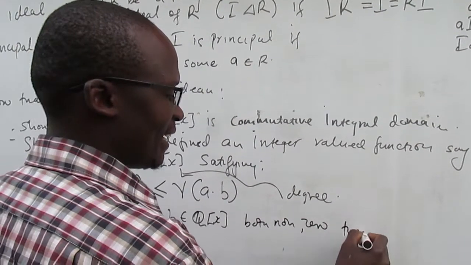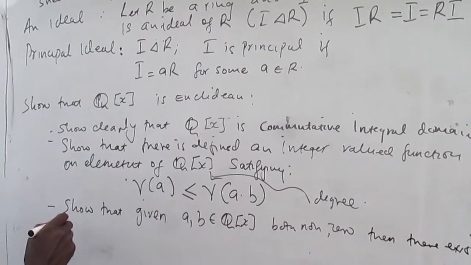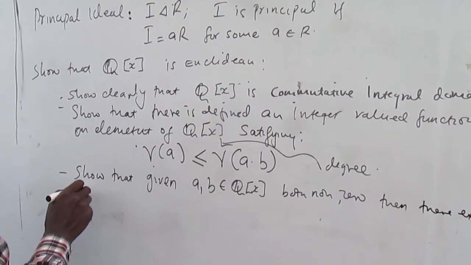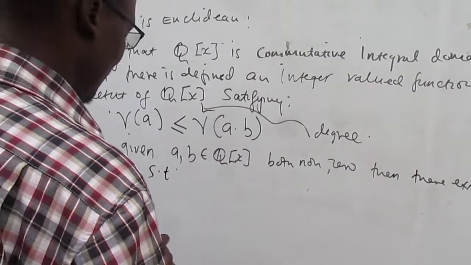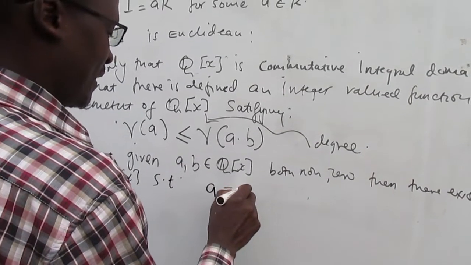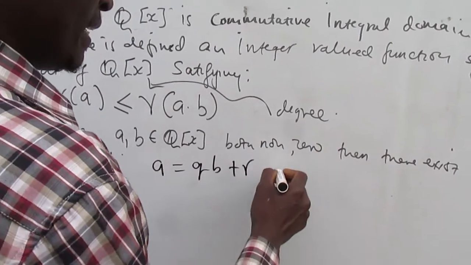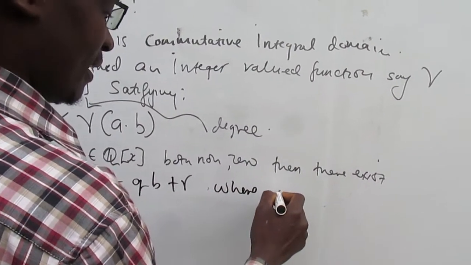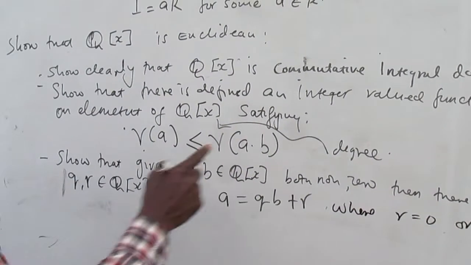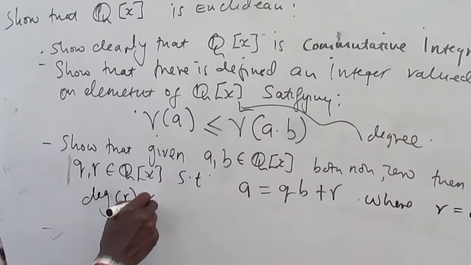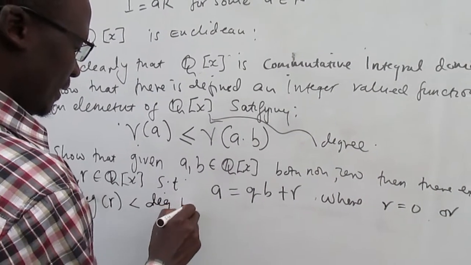That is, there exist polynomials Q and R still in this ring such that A can be expressed as QB plus R. So this Q stands for the quotient and R stands for the remainder, where the remainder is either 0 or the degree of our remainder is still less than the degree of the divisor.